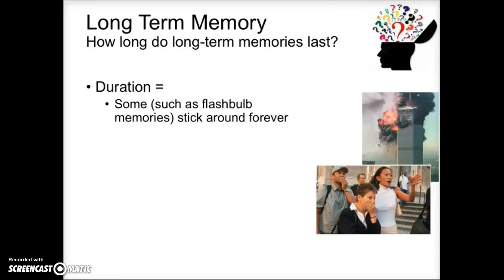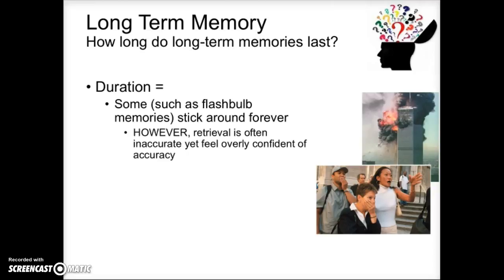However, our retrieval of those memories is often inaccurate, yet we feel overly confident of the accuracy. So we have some retrieval errors. We are capable of retrieving the memory of that event, but some of those details have gotten a little bit fuzzy and a little tiny bit inaccurate.